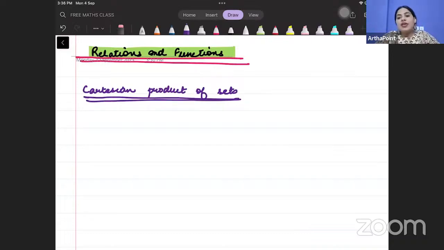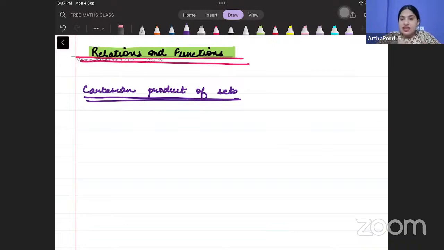So you already have 2 sets with you, right? Now from these 2 sets, you want to form something which is known as a Cartesian product. What is a Cartesian product? A Cartesian product basically helps you to get one element of set A mapped to all elements of set B.